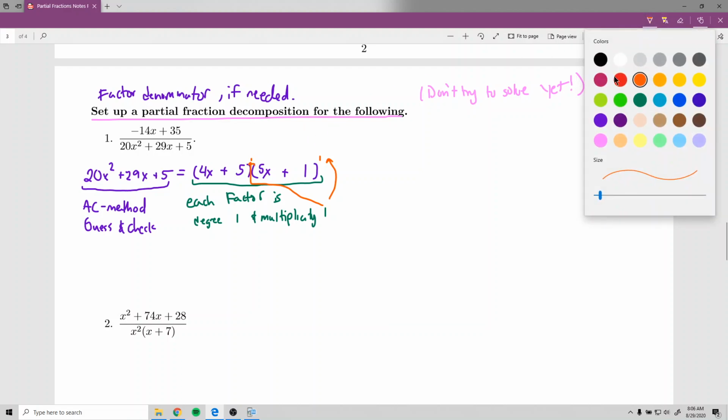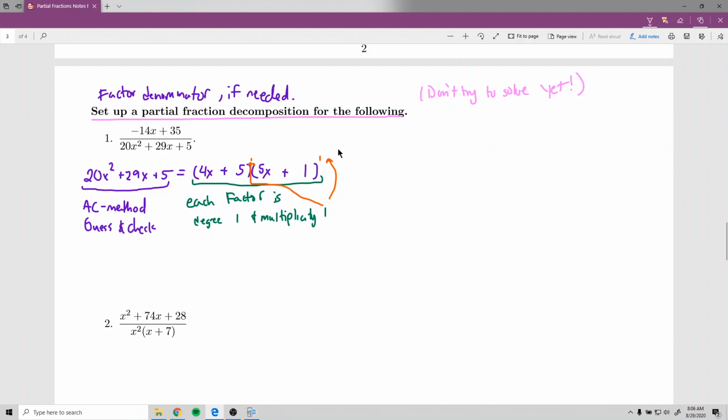What that means is we are going to have two fractions. We have one for each factor, and since they have multiplicity 1, it is just one for each factor. So two fractions. One thing I like to do for the total number of fractions is you can just add up the multiplicities and that'll tell you the total as well.